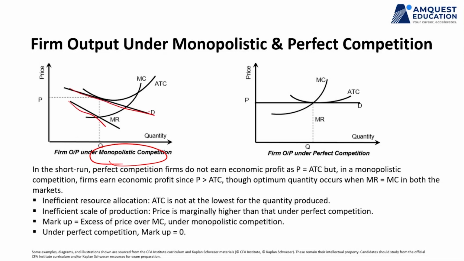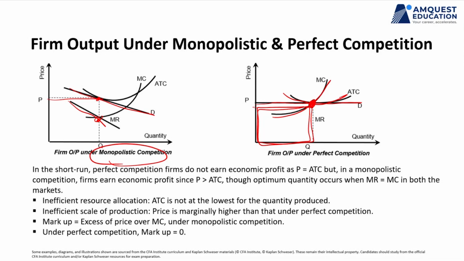In the long run, hopefully MC and MR will be here and ATC also will be here, and therefore there is equilibrium. You see there's no profit. Same for perfect competition. The line looks flat. Here ATC will probably be intersecting here and MC will intersect here. So here also the pricing is here where there is no profit, no loss in terms of extra profit, right?